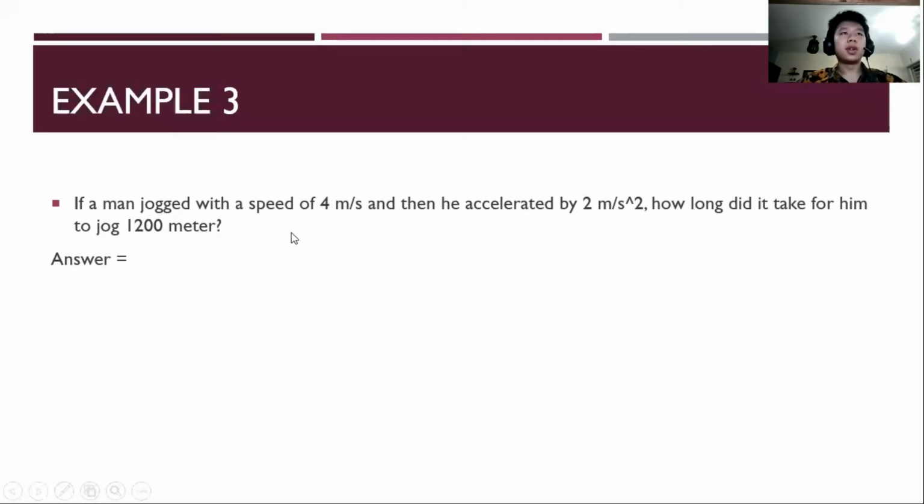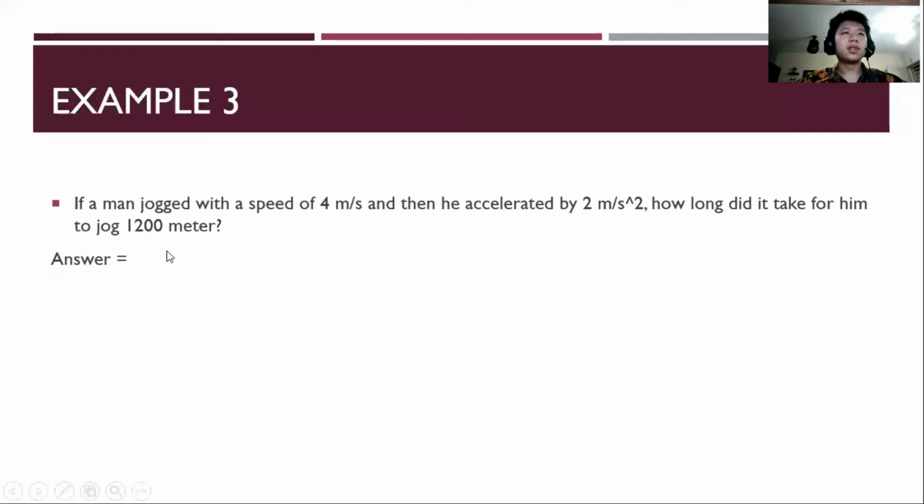So what we have here is the starting speed, 4 meter per second, and then the acceleration, which is 2 meter per second squared. The question asks for how long did it take, so the time taken, and then the final distance, which is 1200 meter. So what we have right now is V0, A, S, and T, which is time.